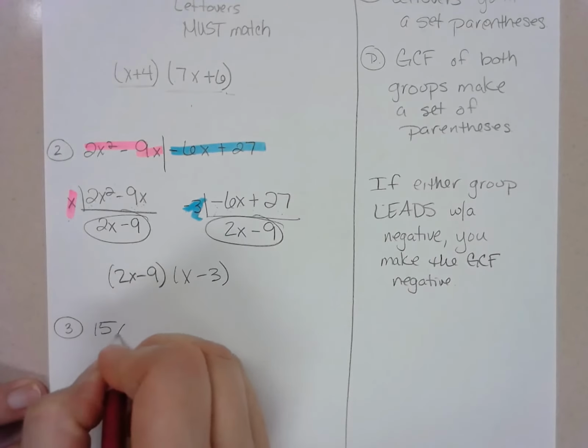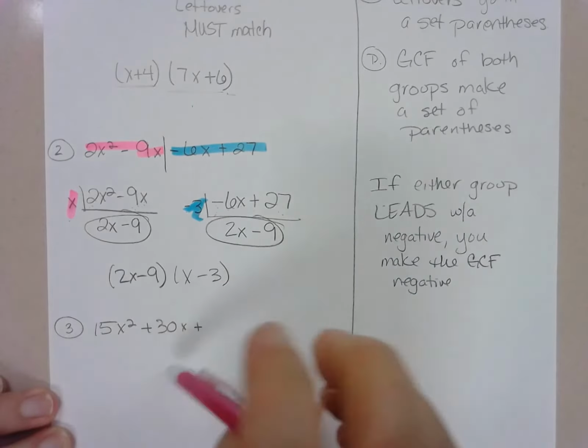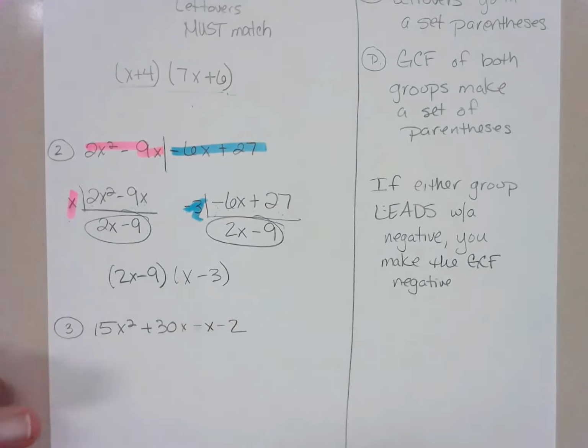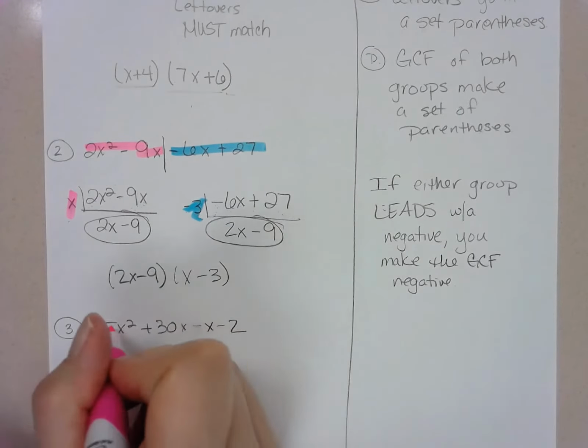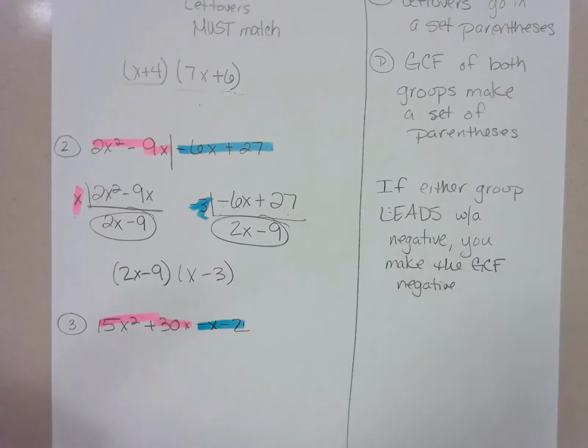Let's do 15x squared plus 30x minus x minus 2. So we've got the first half. So we're going to factor the first half of the problem as a group, and we're going to factor the second half of the problem as a group.